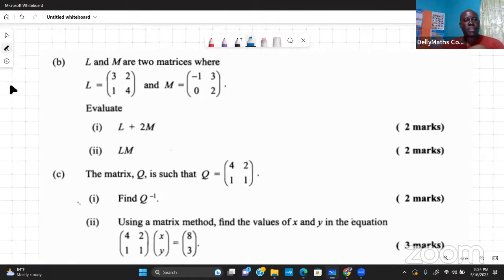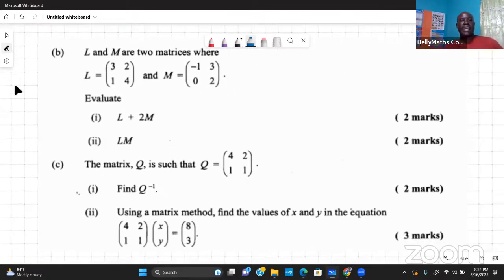Matrices now. It says L and M are two matrices where L is [3, 2; 1, 4], and M is [-1, 3; 0, 2]. All right, so we're asked to find, I'm going to do them on the other page.